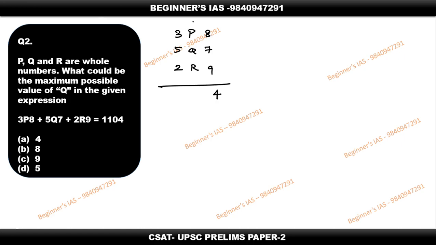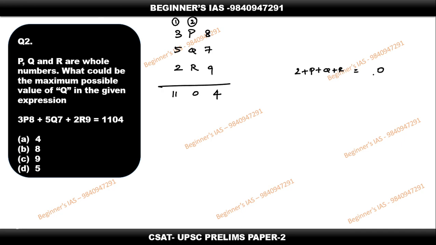Then 2. Now listen carefully. Here 11. This is 0. Now check here. 3 plus 5, 8, 10. We need 1 as your carry here. Therefore, 2 plus P plus Q plus R should be 10, so 0 will come.